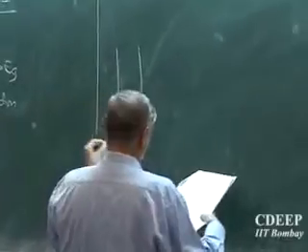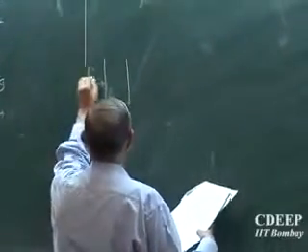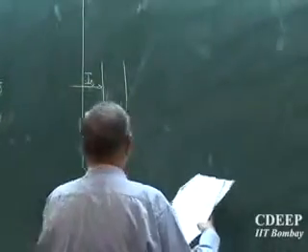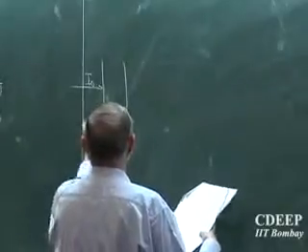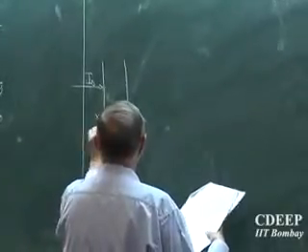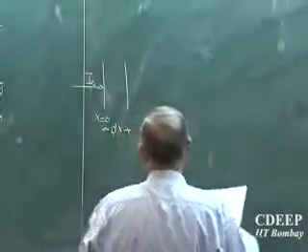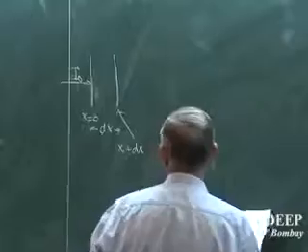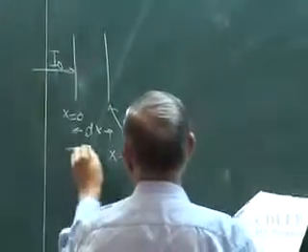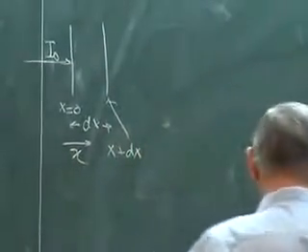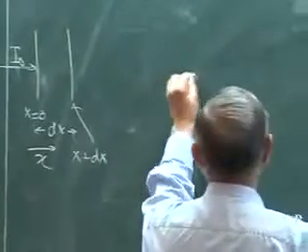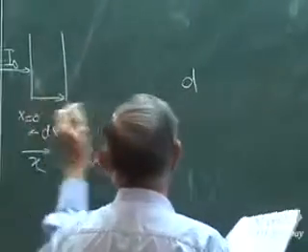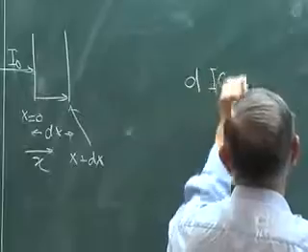So we say, if I0 is the intensity striking a material at x equal to 0, and let's say this is an element dx, so this value is x plus dx, and this direction is x, then we can talk about the intensity of light in this direction, dI by dx.